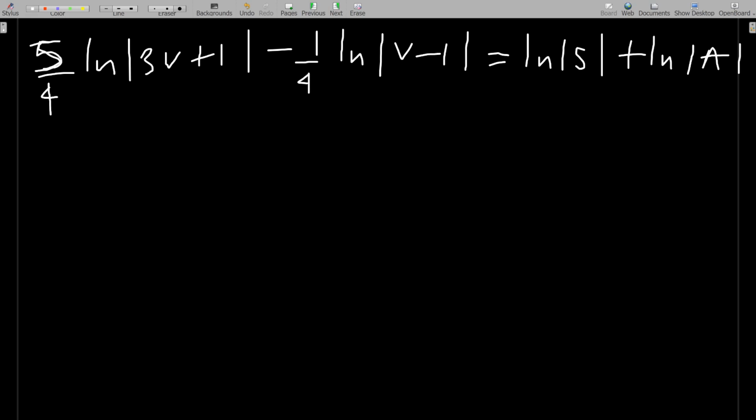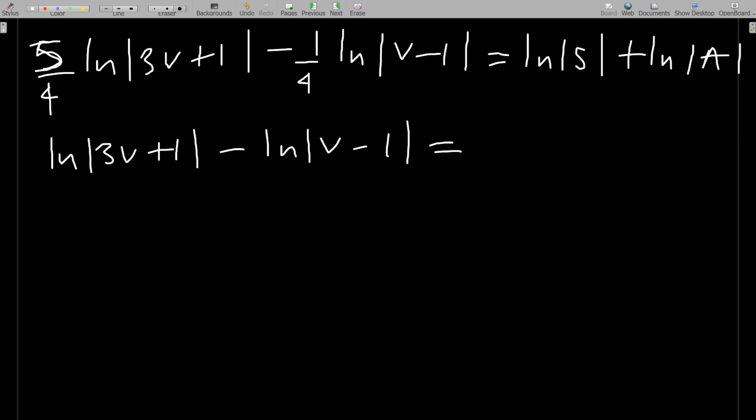So I multiply through by 4 and realize that I have ln of 3v plus 1 minus ln of v minus 1 is equal to 4 ln of s, plus 4 ln a, and that is still a constant, okay? And so I'm calling this whole constant 4 ln a.